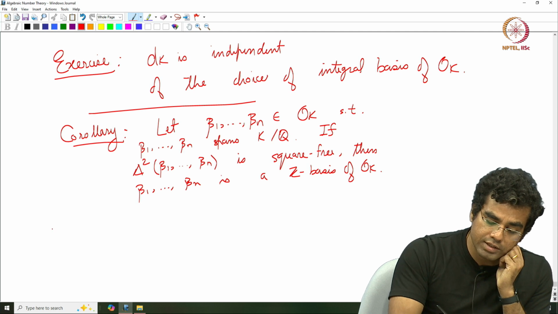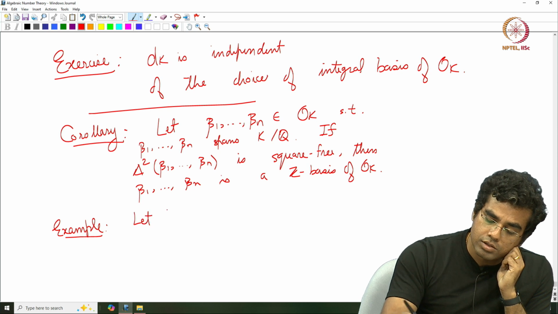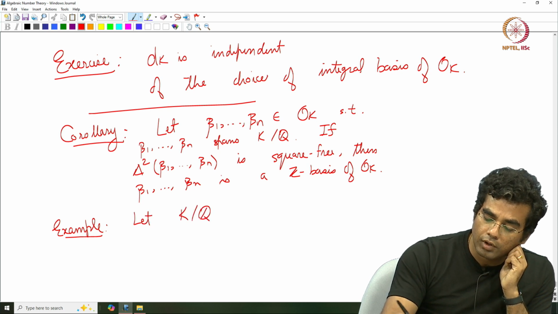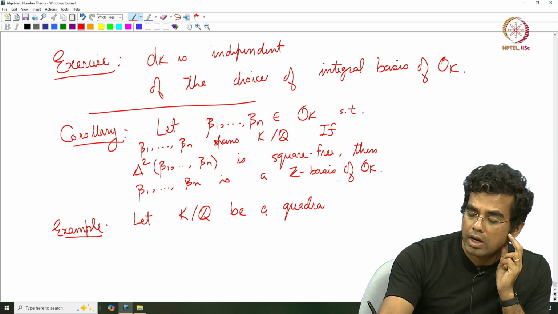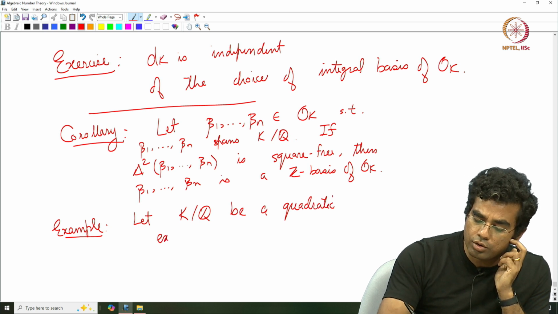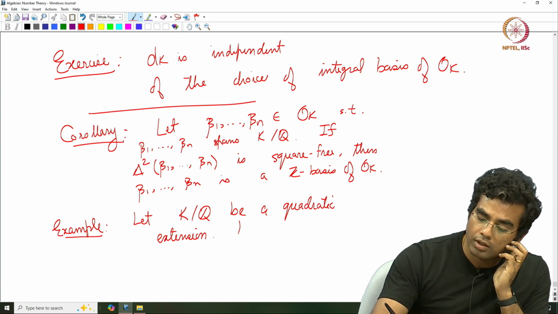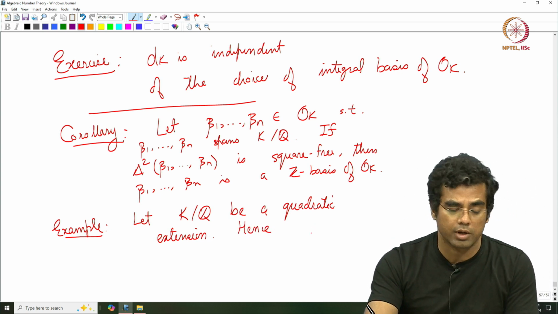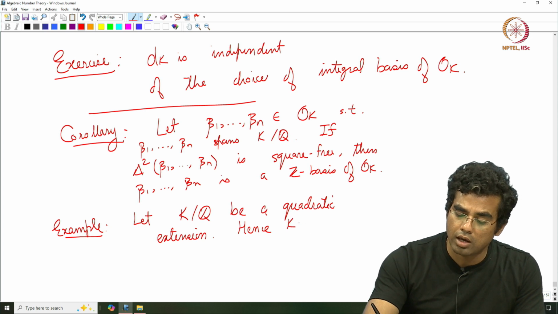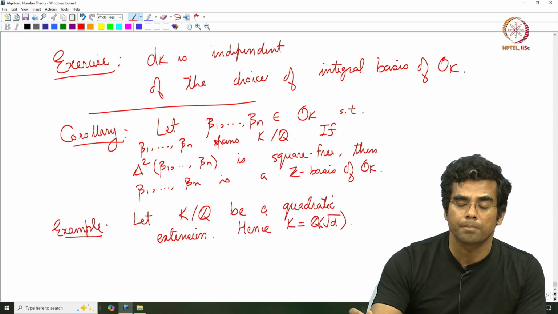So, let me give you an example. This is our first example of computing integral basis. So, let K over Q be a quadratic extension, and from your Galois theory you should know that any quadratic extension is obtained by adjoining a square root of an element, right. So, hence K is equal to Q(square root of d) for some d.